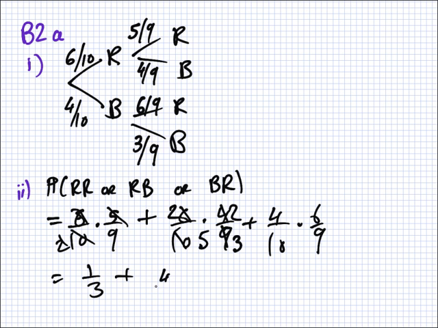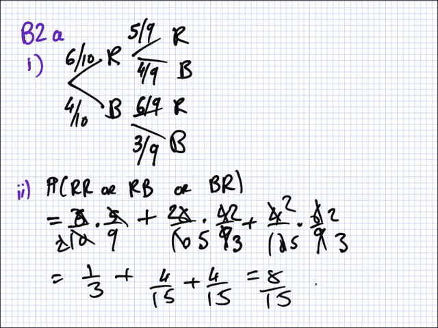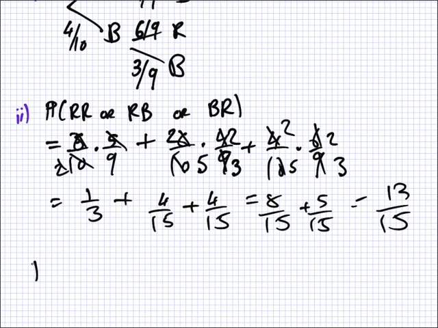So 4 over 15 plus 2 over 5. Oh, yeah, 2 over 3. 4 over 15. That's 8 over 15 plus 1 over 3, which is 5 over 15. 13 over 15. Now, the other way to do this one, does anyone know?